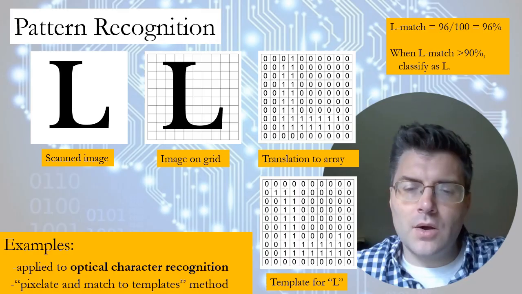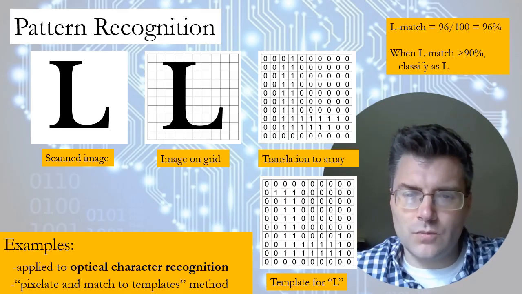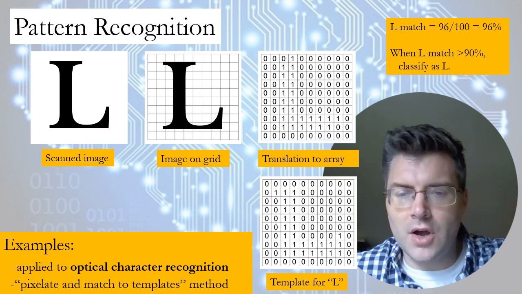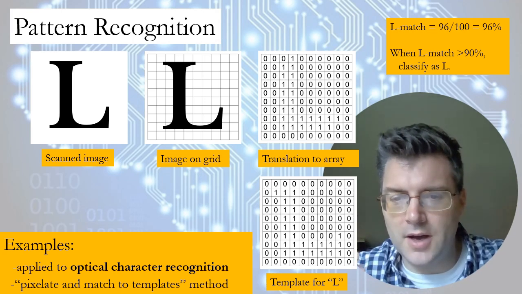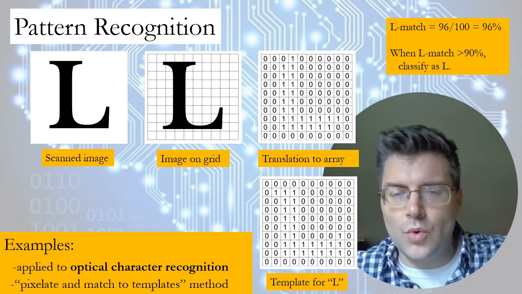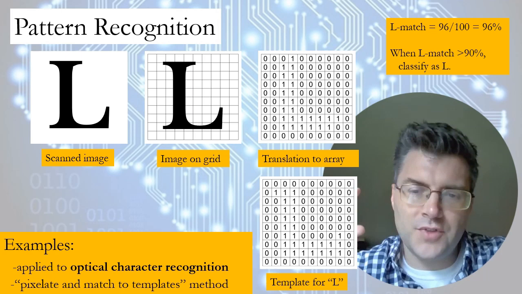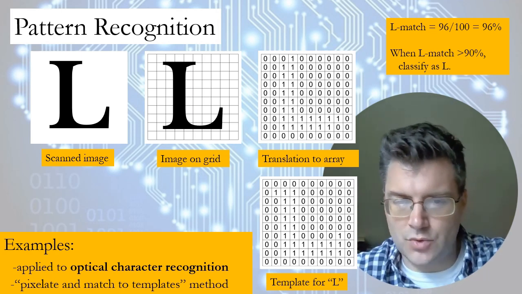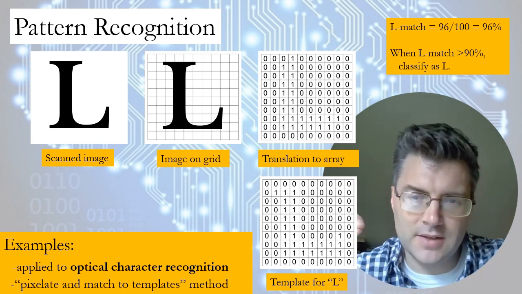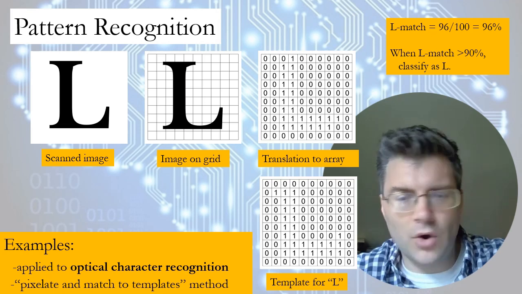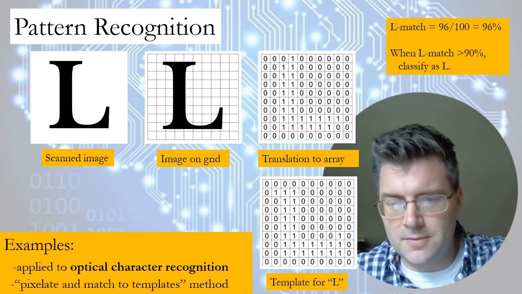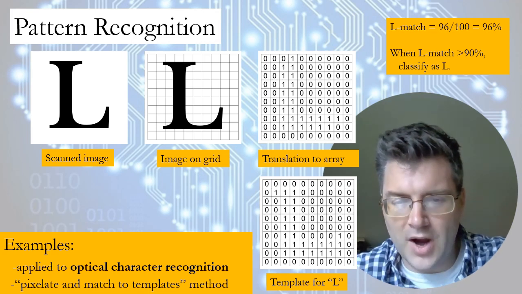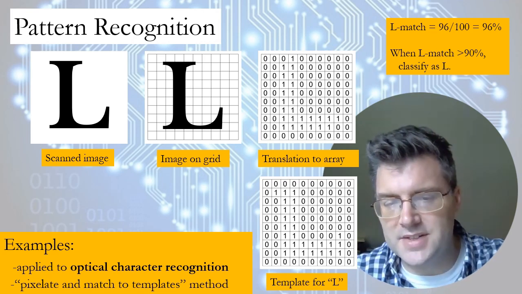And one of the earliest gains here was the use of pixelation of a, say, scanned image or a photographic image, and matching of the sequence of those pixels to a template to determine automatically whether a given letter was printed in the photographic field that had been scanned.